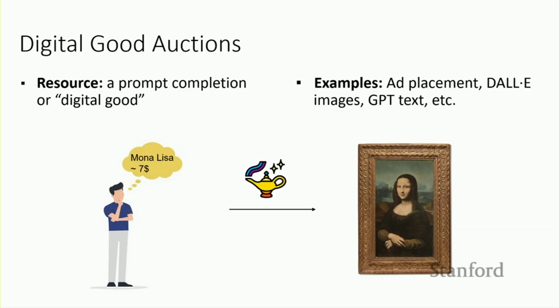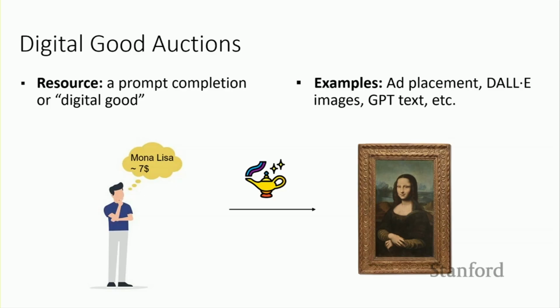In digital goods, you don't know how good the response is going to be until you've actually completed the process. So the work has been done, essentially. You can imagine from a seller point of view, I'm OpenAI or some other big generative model builder, and I'm looking to assign some price for a certain prompt completion.